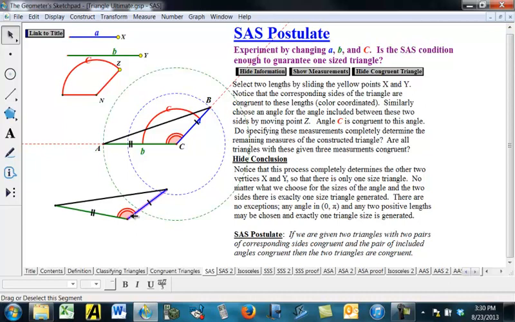So for our purposes, this must occur, but there's no proof of this. This is one of the basic building blocks of how Euclidean geometry works. So this is actually a postulate, the side-angle-side postulate. So again, the side-angle-side condition is enough to determine that we have exactly one triangle.